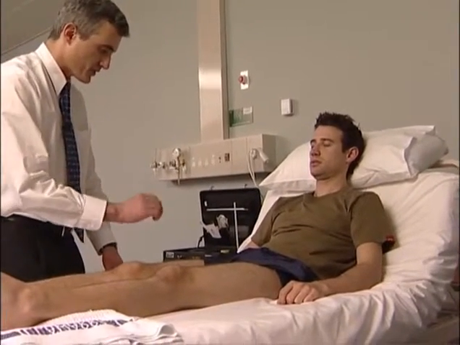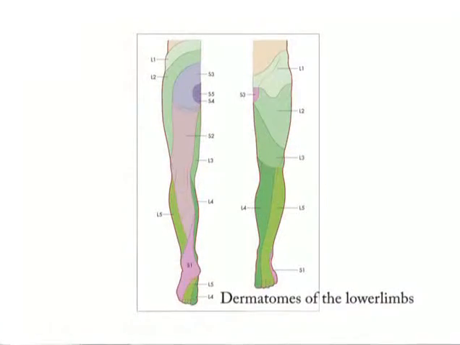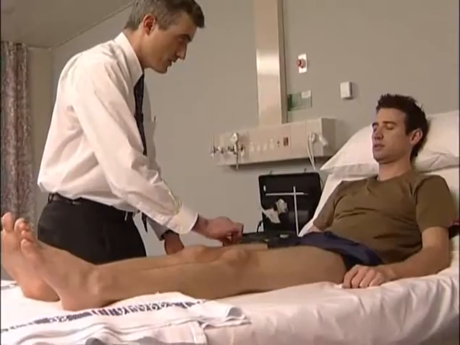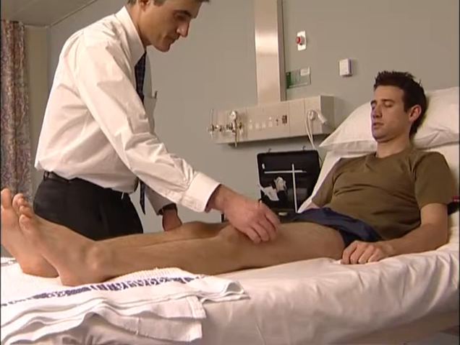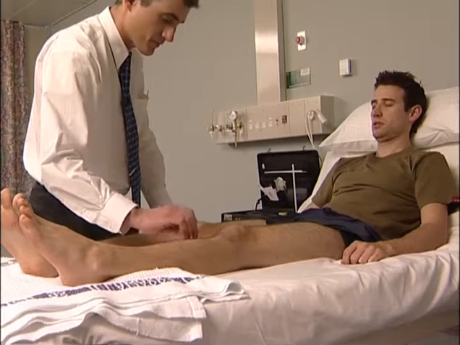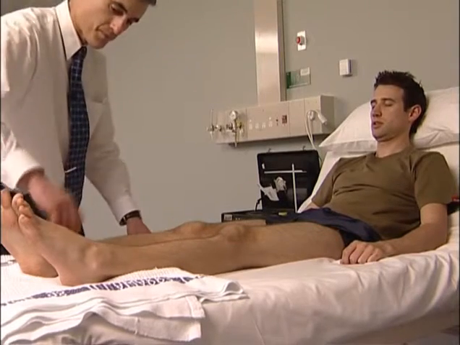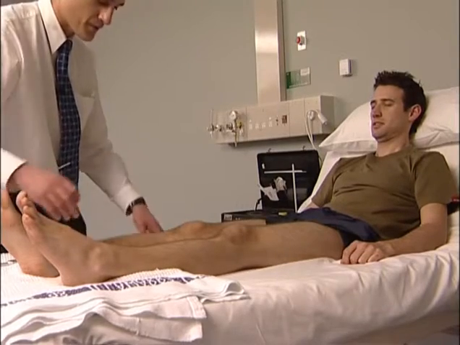I'm going to touch your legs in different places, and you just tell me if you feel it and if it is sharp. Okay, here. All right, I'm going to check the other leg.